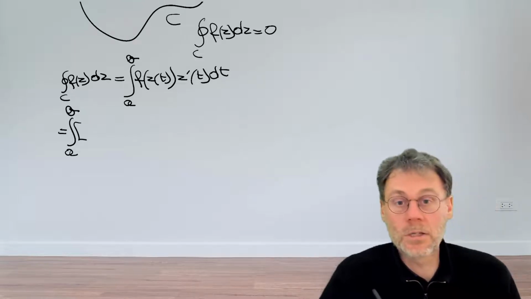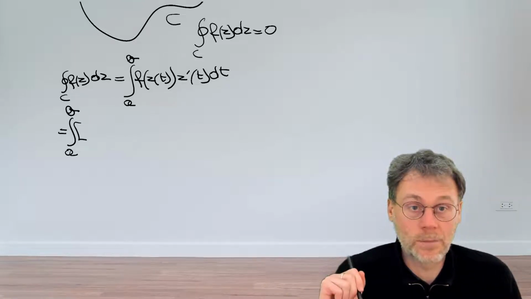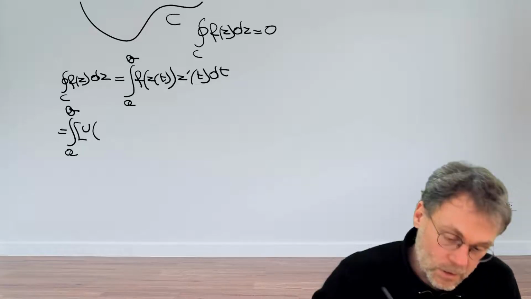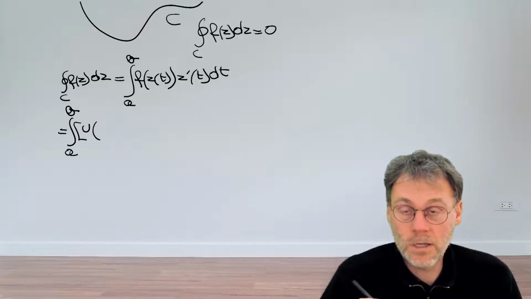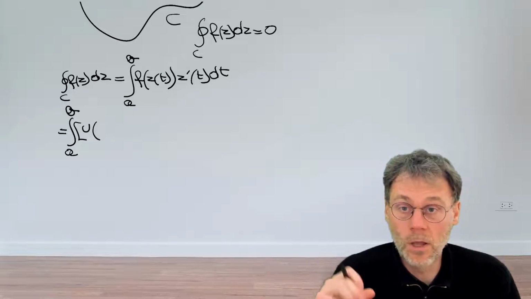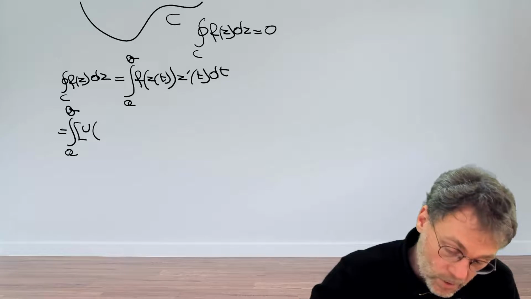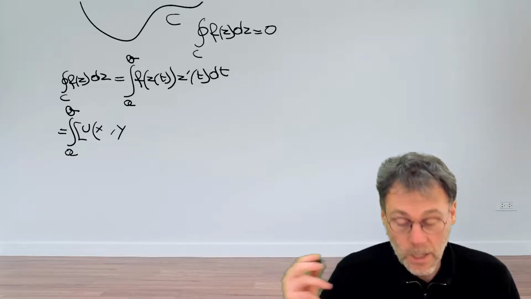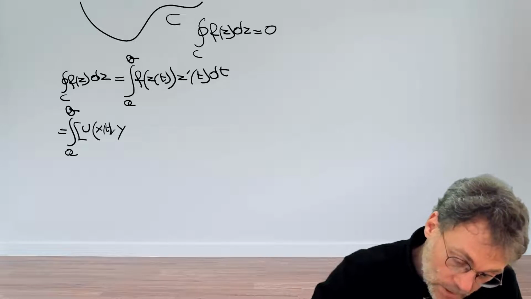So f consists of a real part u and an imaginary part v. So u will depend on z, obviously. So u will depend both on the real and the imaginary part of z. So u will be a function both of x and y. But more importantly, both x and y are also depending on t.